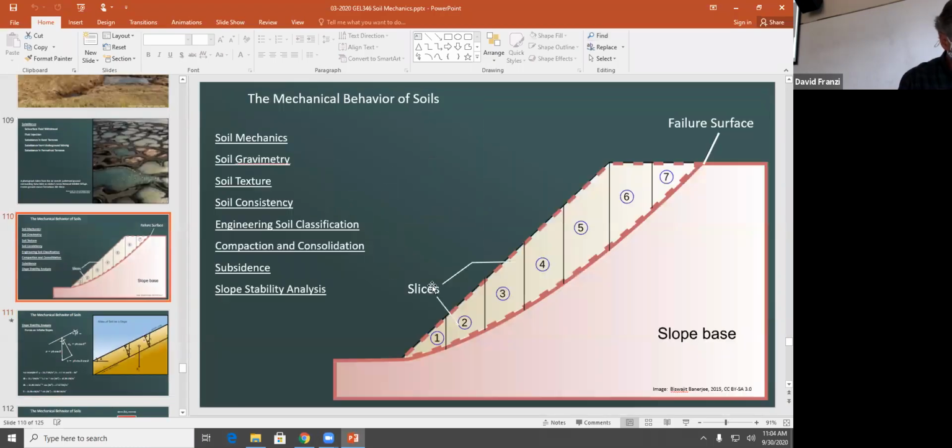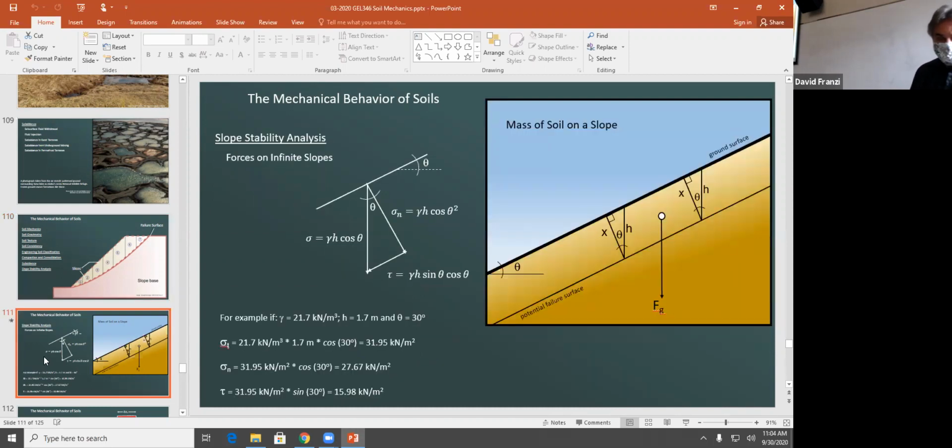Okay, so let me go back to the beginning here and take a look at this. This was slide number 1. We're looking at the method of slices for slope stability analysis, and we're breaking the slope up into 7 main slices. And this was the second.